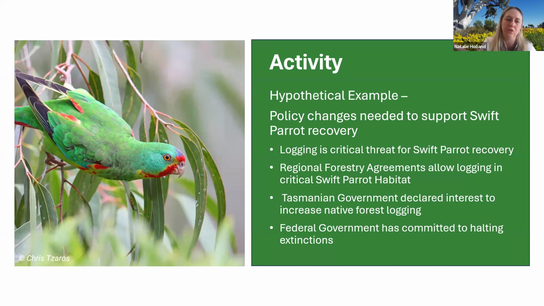So what we thought we could do, just using this as a hypothetical example, was try and apply the policy system model to thinking around, well, what might some of those elements be of the content, the narrative, and the structure that is related to this particular policy issue, if we're talking about what policy change might be needed to support swift parrot recovery.